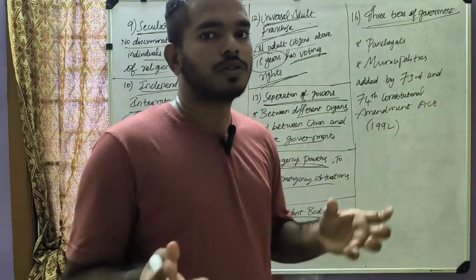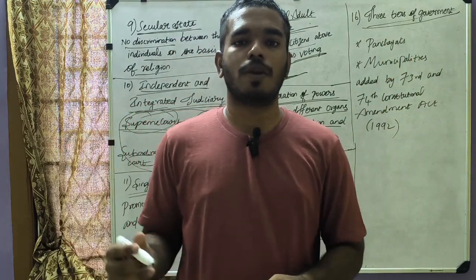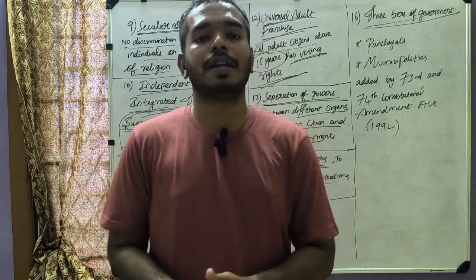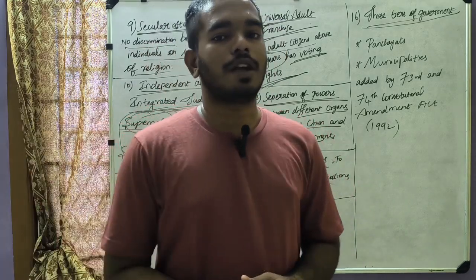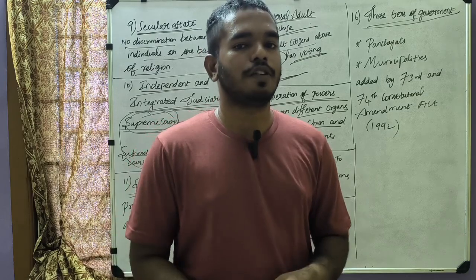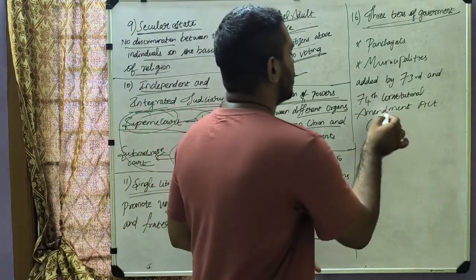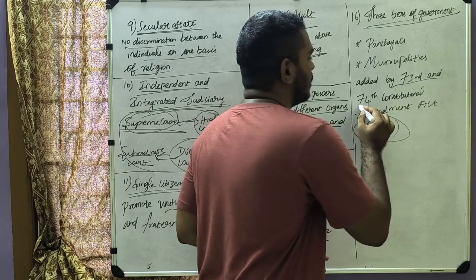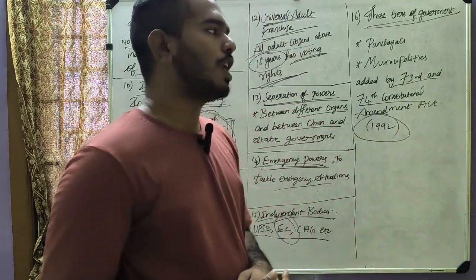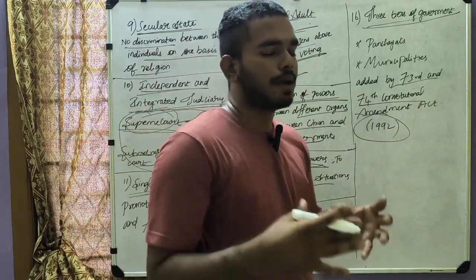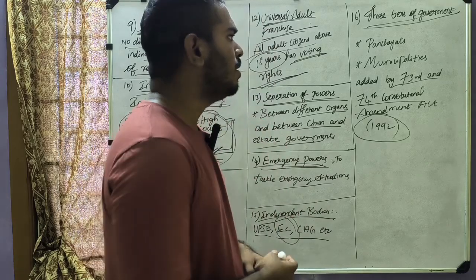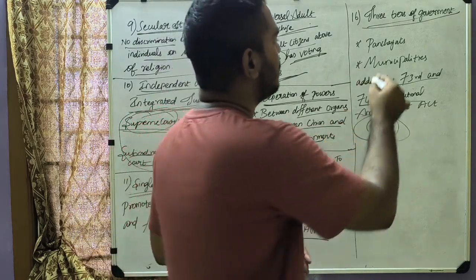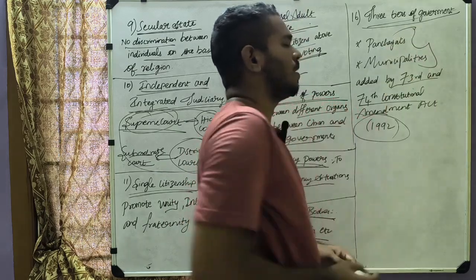India also had two tiers of government during independence and the framing of the constitution. But in 1992, by incorporating the 73rd and 74th Constitutional Amendment Acts, the government included the panchayats and municipalities also.